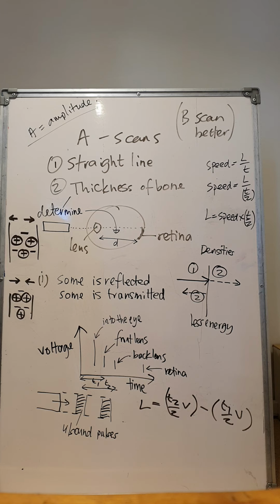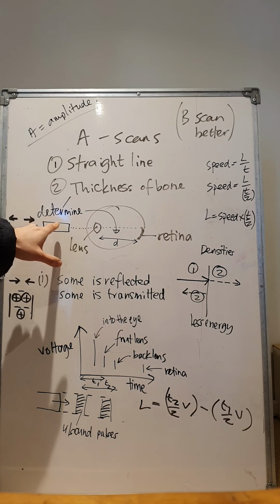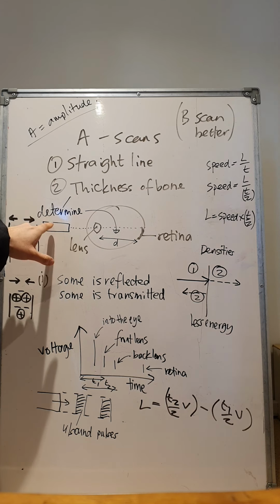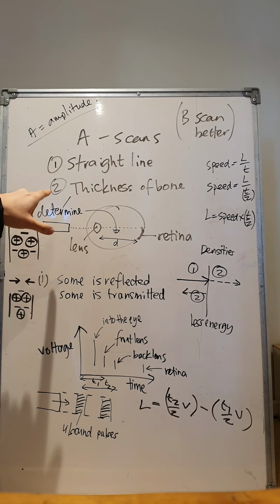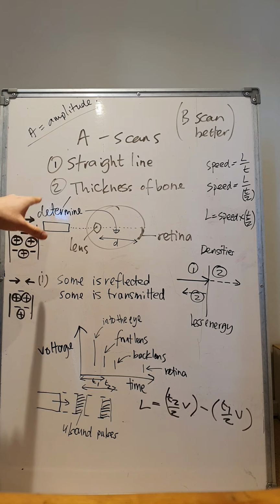Now, as the transducer is here, the crystal inside has an alternating voltage applied to it. When the alternating voltage is applied to that crystal, it will contract and expand. If you remember, what does a piezoelectric crystal do?